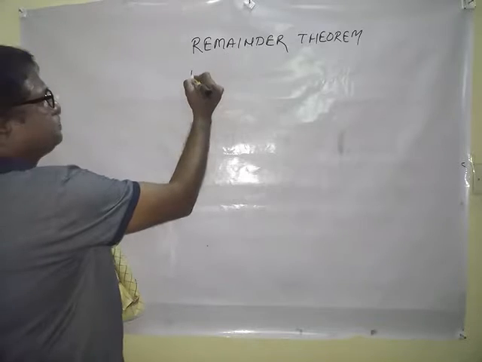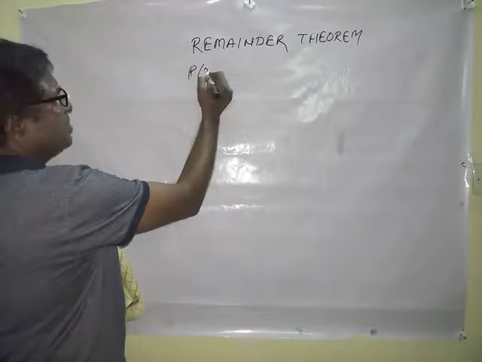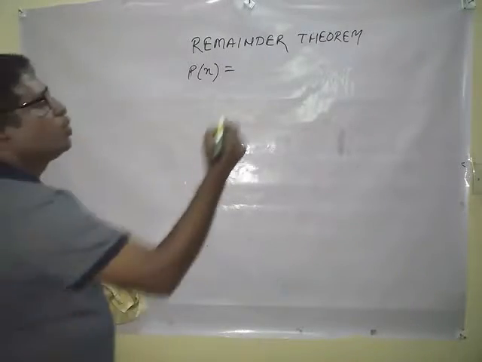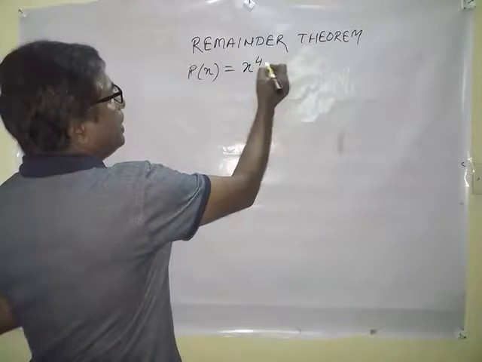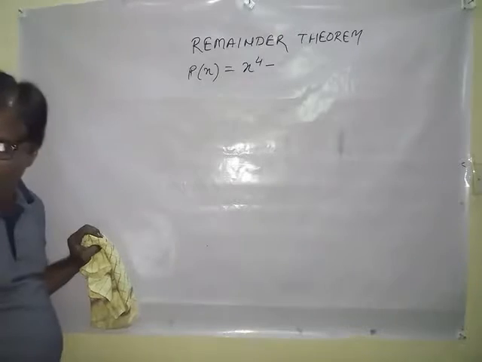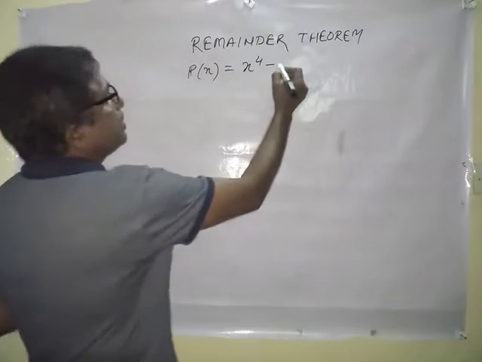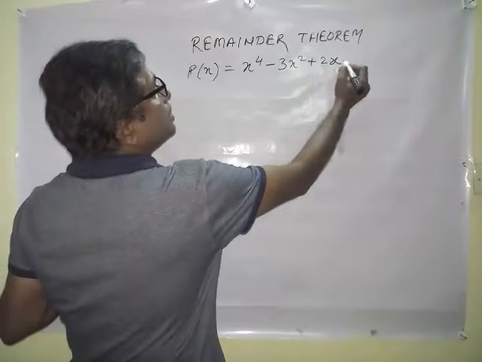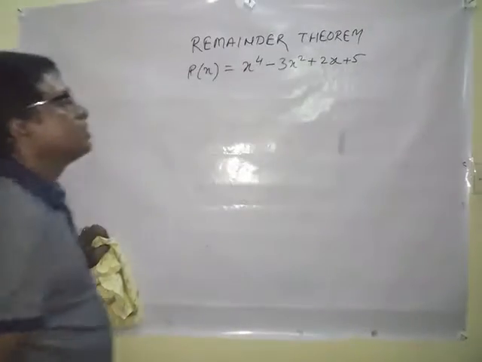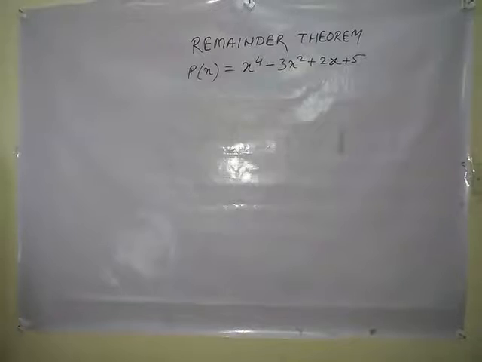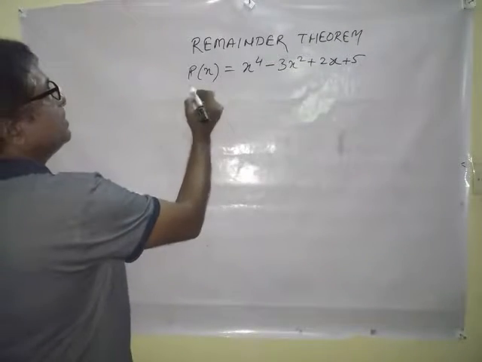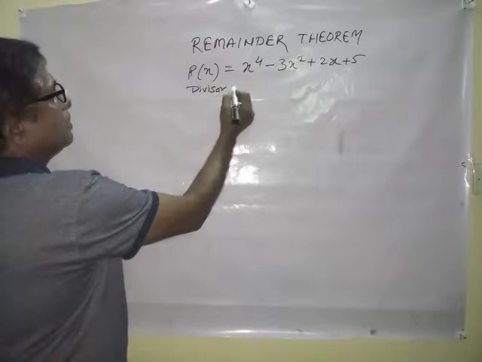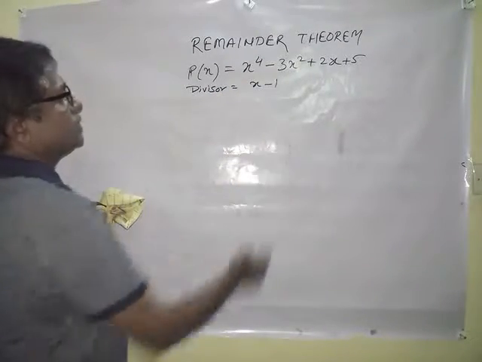Let us say that one polynomial equation p(x) is equal to x raised to power 4 minus 3x square plus 2x plus 5. This polynomial equation's divisor is x minus 1.